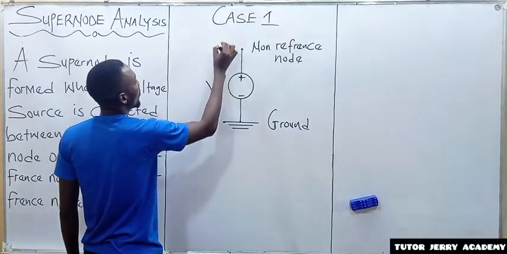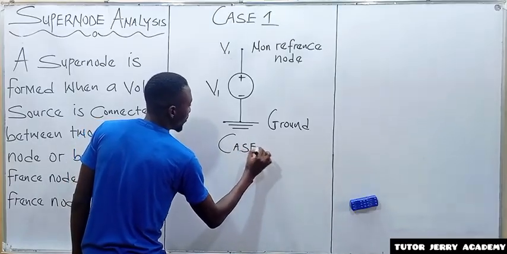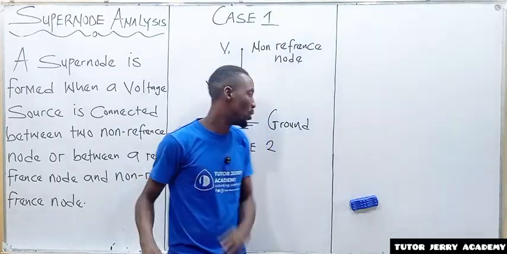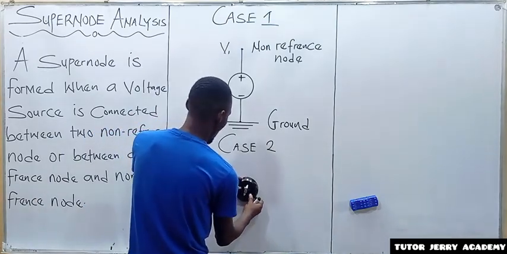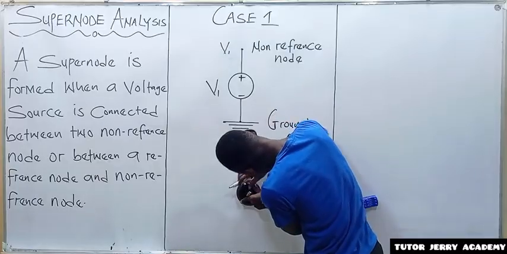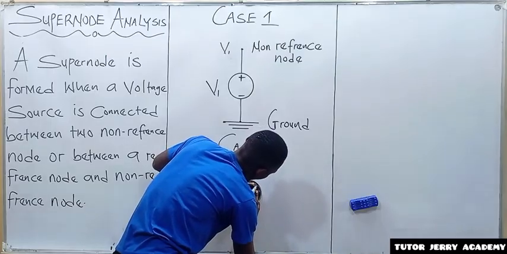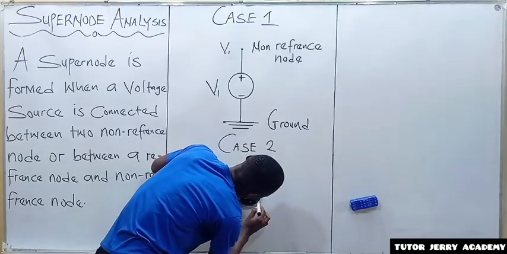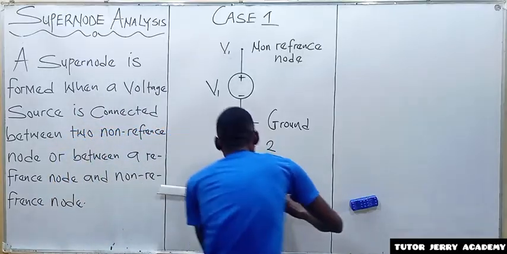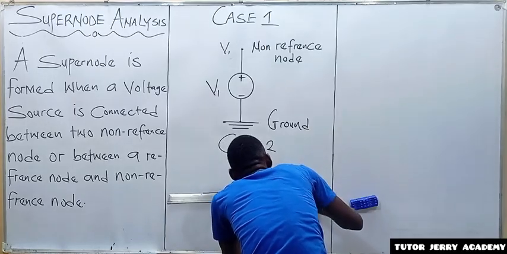So let's consider case 2. Case 2 is if the voltage source is between two non-reference nodes.